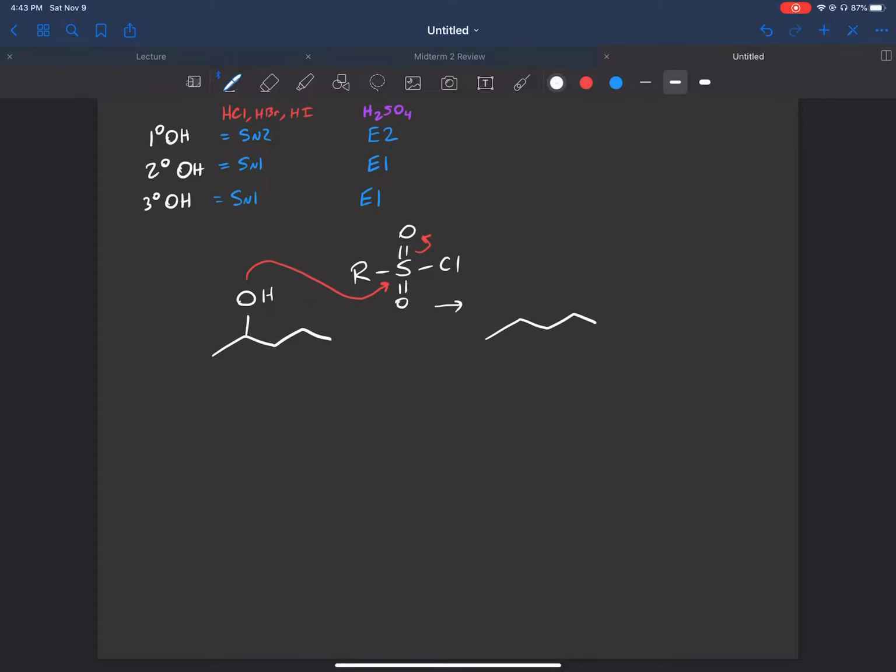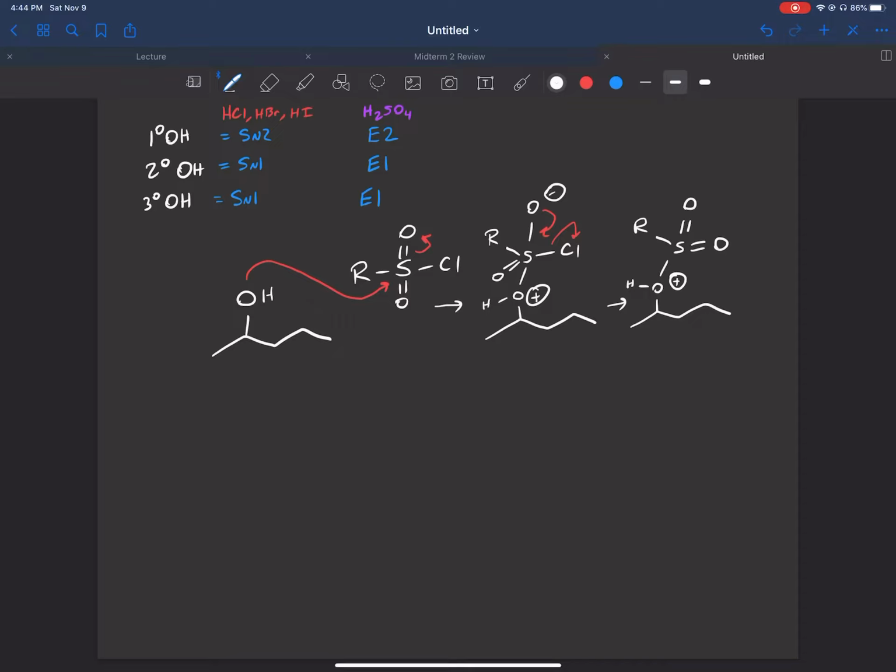So we get this weird looking structure like this. O has a plus charge. Then that O minus that we just brought up comes down and kicks the chlorine out. So we're going to get this again now. This still has a positive charge.